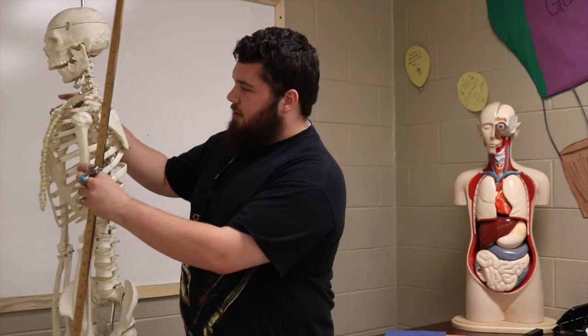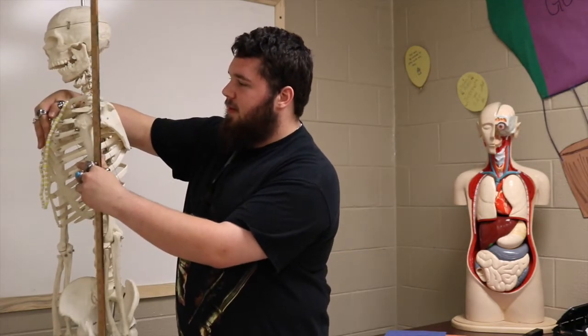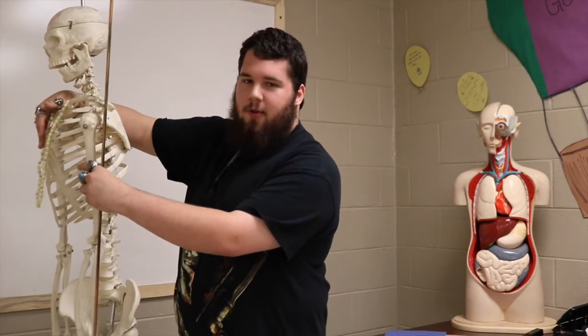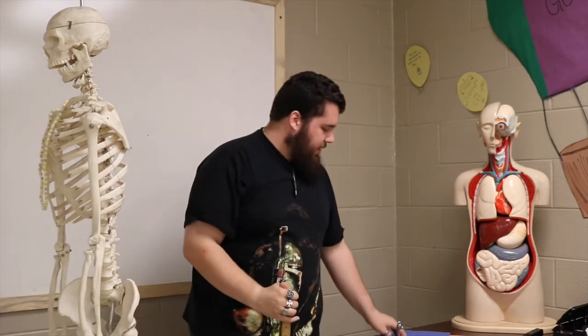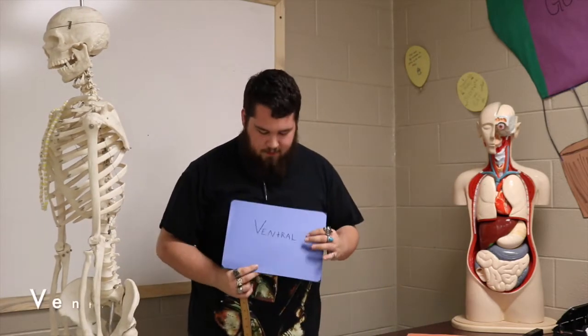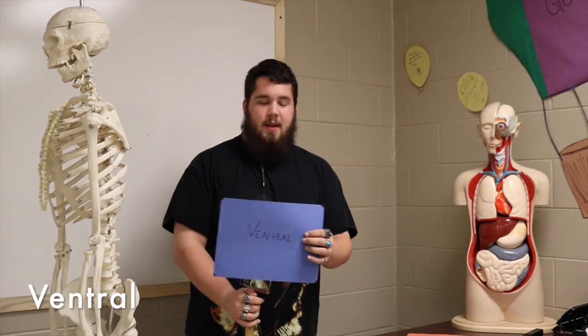Alright, so, first definition is going to be the front. Now the front of the body, meaning from the shoulders to the torso here, the nose, the face, everything forward here. This is known as ventral. Now as I said, ventral just means the front of the body.